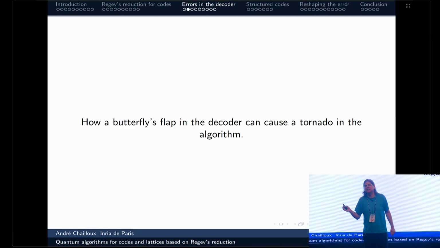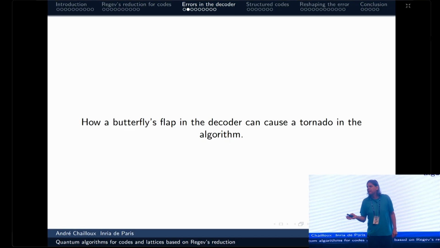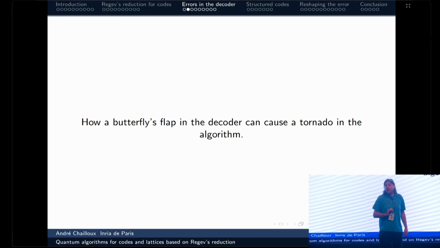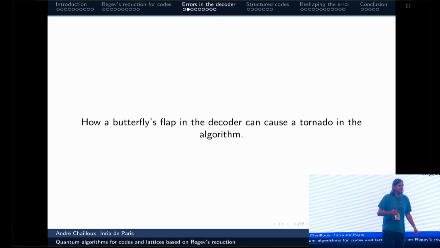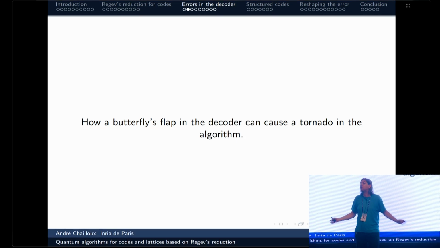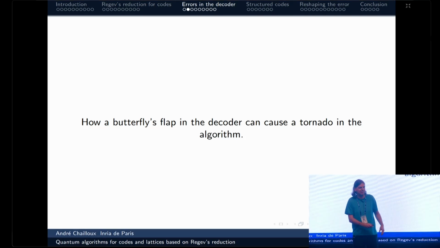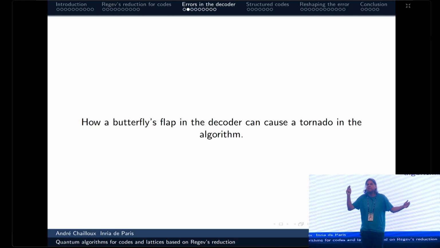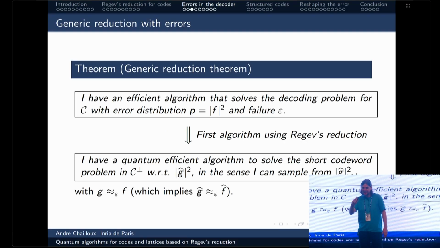Okay, sometimes it's painful to analyze, but things usually go well. Here, it's one of the settings where it doesn't go well at all. And like the famous thing, a tiny error in the decoder can cause a full collapse of the decoding algorithm. So it's chaos, like in chaos theory and meteorology, things like that, right?